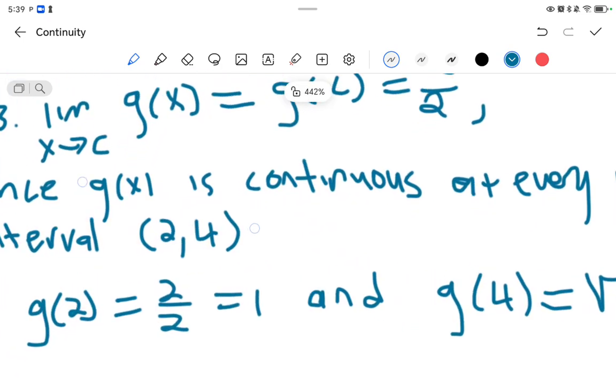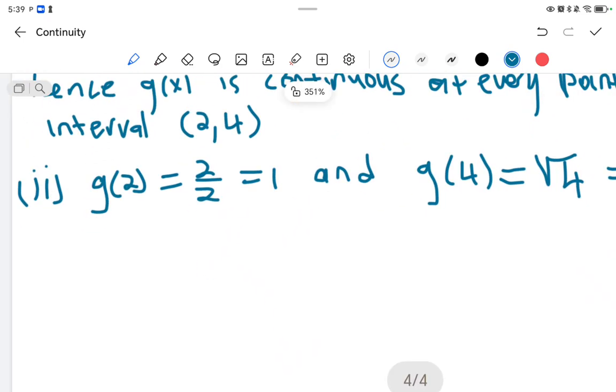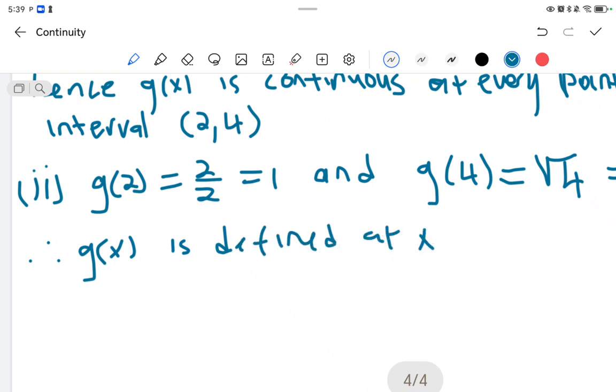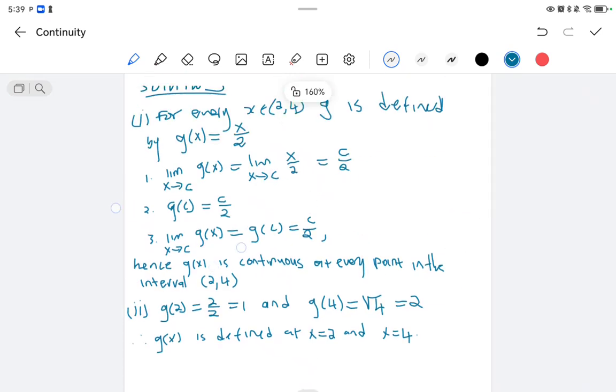Then we know that g of 2 and g of 4 are defined. Therefore, g of x is defined at x equals 2 and x equals 4. We have checked that it's defined.